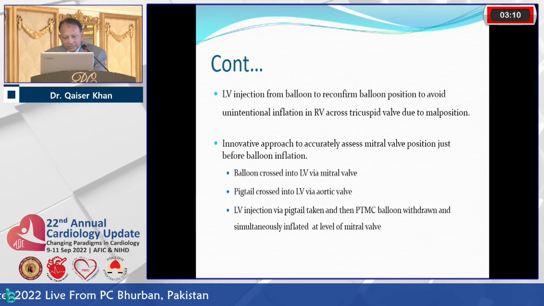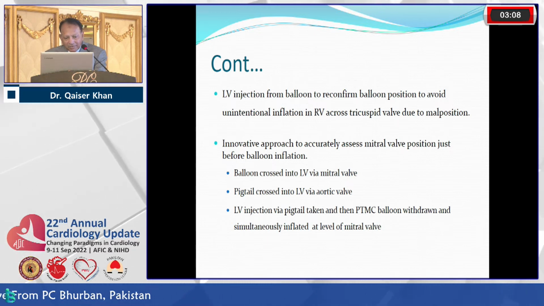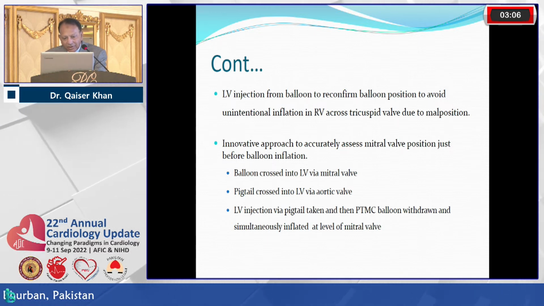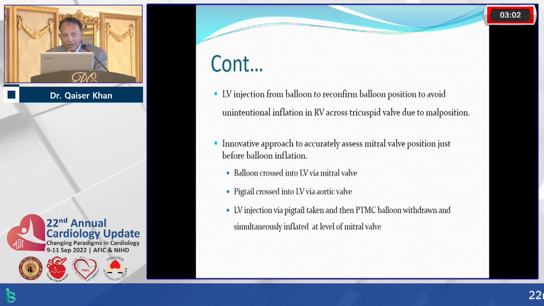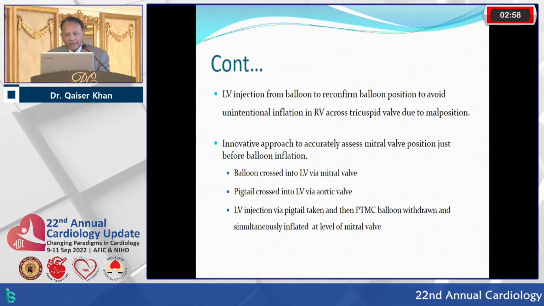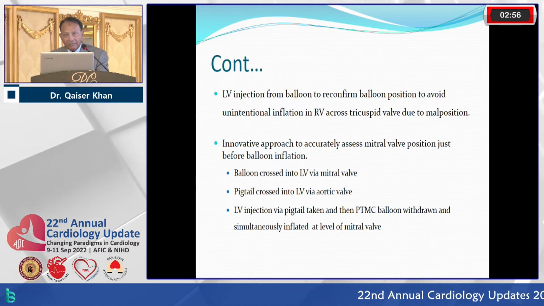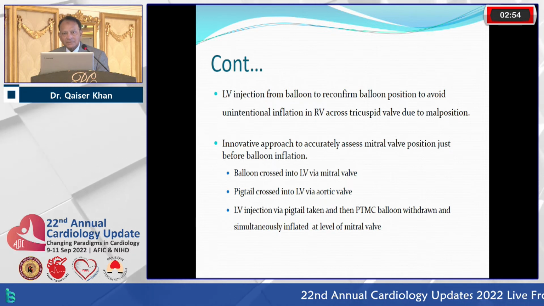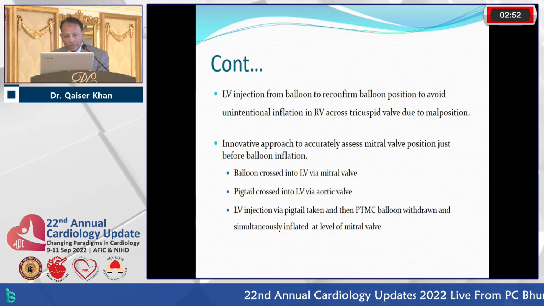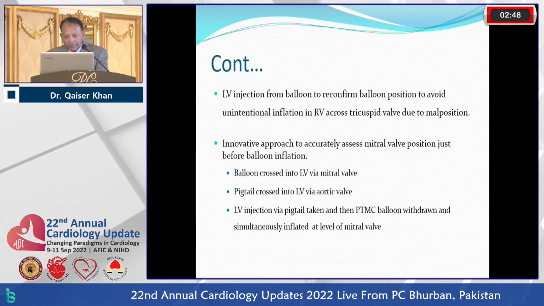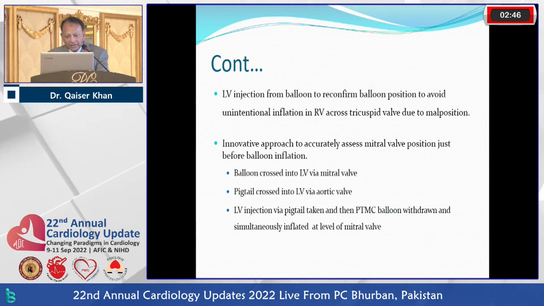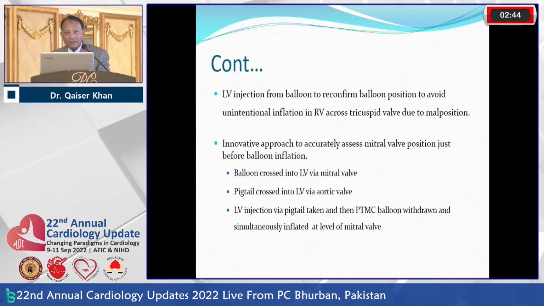During inflation, our friend Suhail Aziz pushes a pigtail catheter into the LV across the aortic valve. So we simultaneously inflate both. This helps to delineate the mitral valve very accurately. Using both these techniques, LV injection by pigtail taken and then PTMC balloon drawn and simultaneous inflation at the level of the mitral valve.